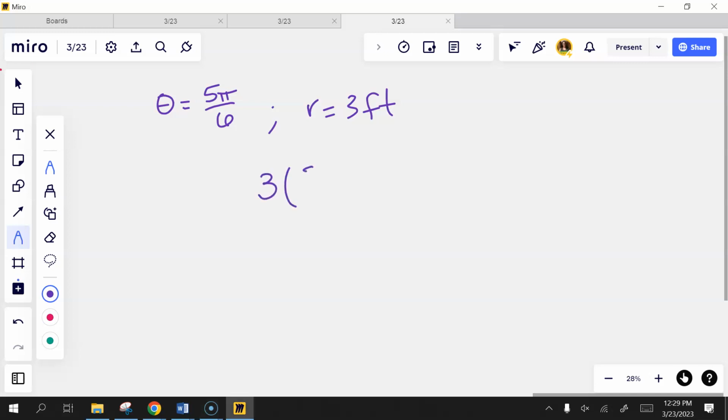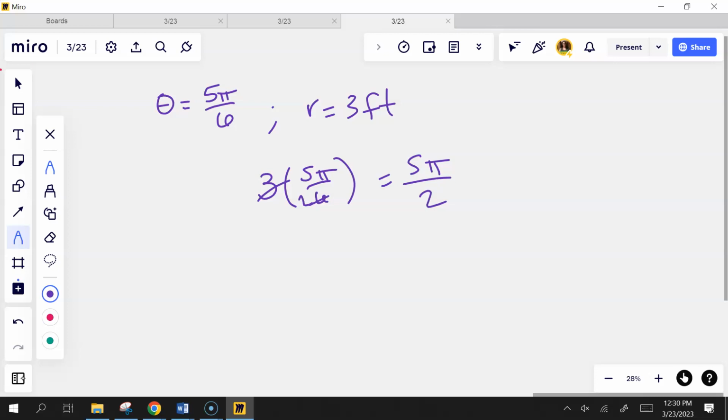R times theta. 5 pi over 2, sorry. Yes, it is. You multiply 3 times pi, 15 pi, and then simplify. Why are we dividing by 3?